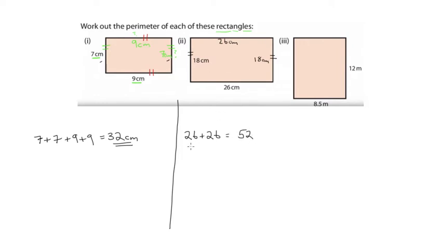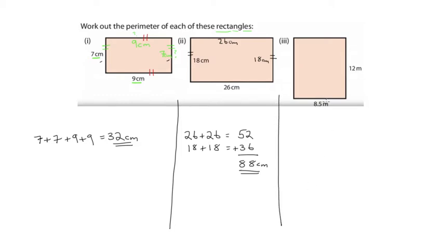And 18 plus 18 is 36. And when we add 52 and 36, we get 88. So the perimeter of this rectangle is 88 centimeters. And that is our answer.